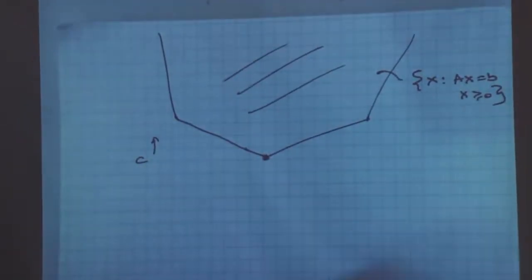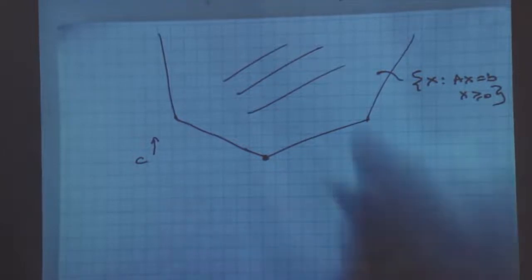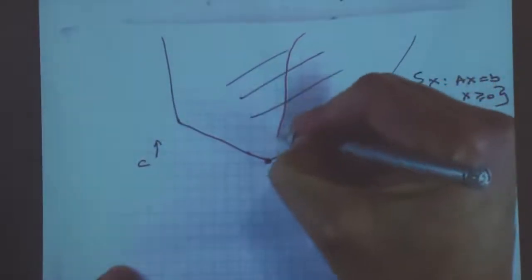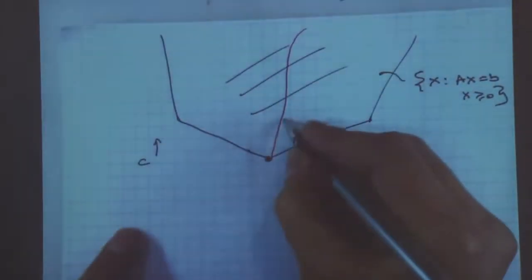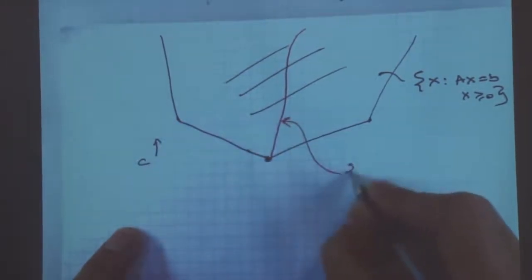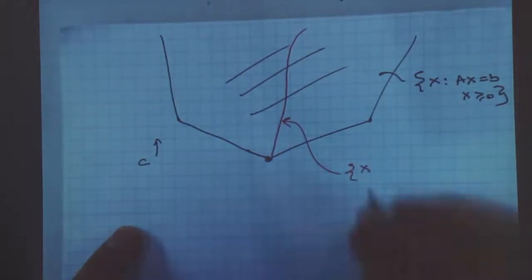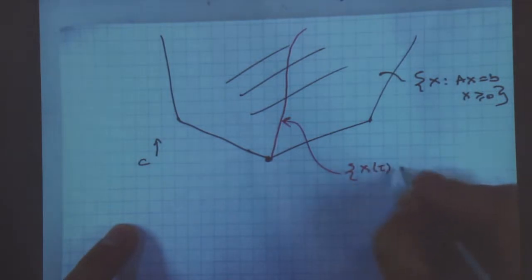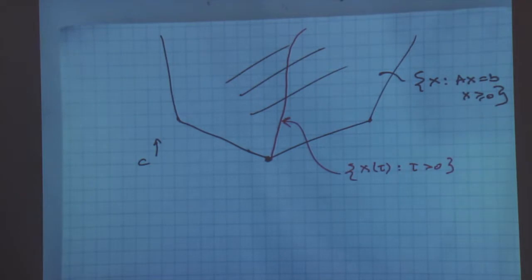The central path is a nice smooth curve here. That would be the primal central path, the set of points x(tau) such that tau is greater than 0. And then you have a similar picture in the dual space for the other two components, y and s.